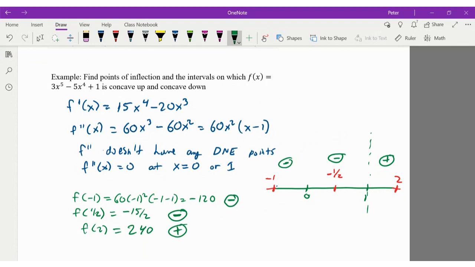So what we would say is that x equals 1 is the location of an inflection point.